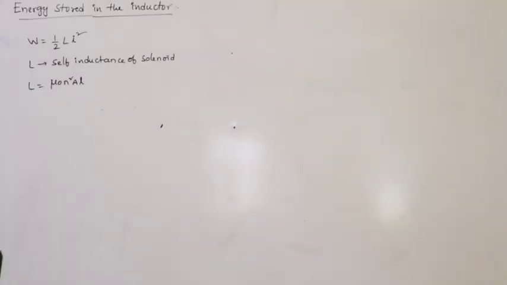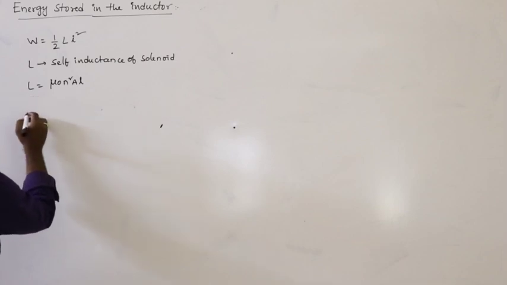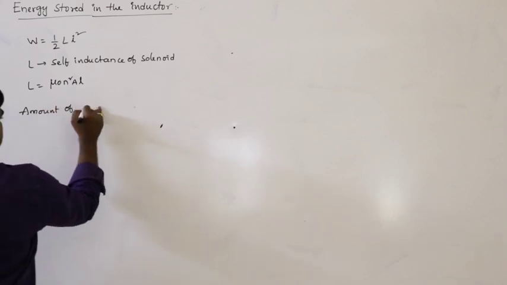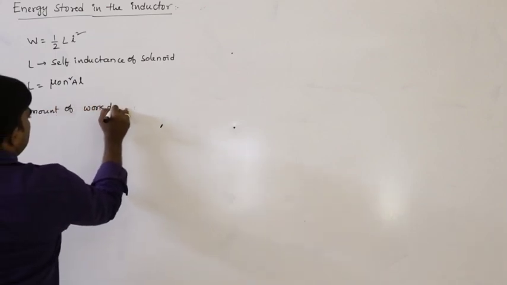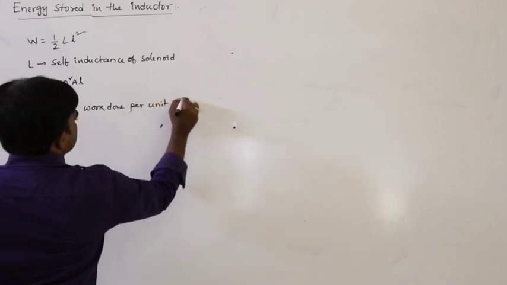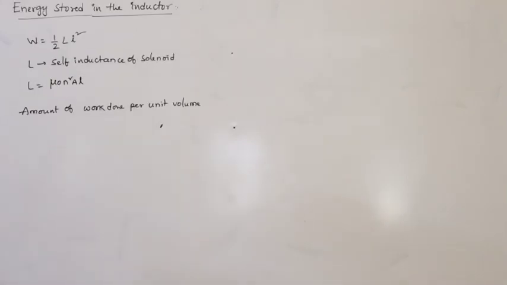Mu naught n square A l is the self inductance of the solenoid. Then here, the amount of work done per unit volume.